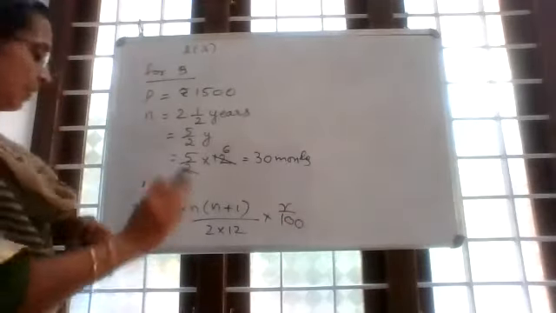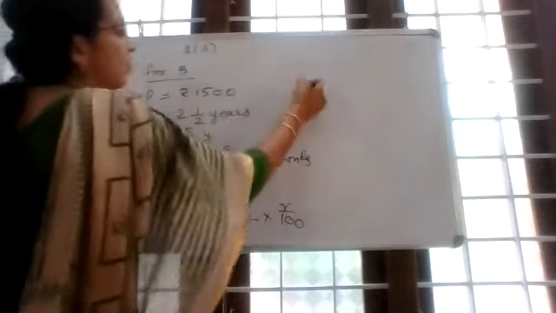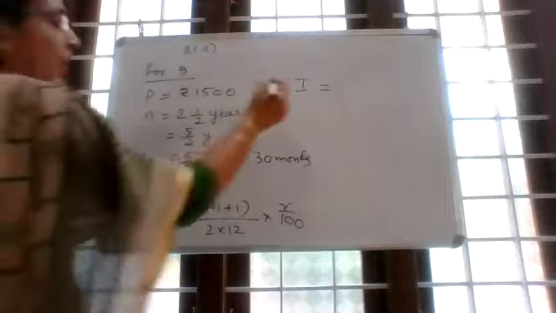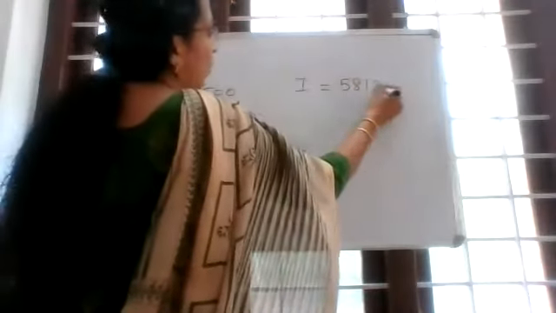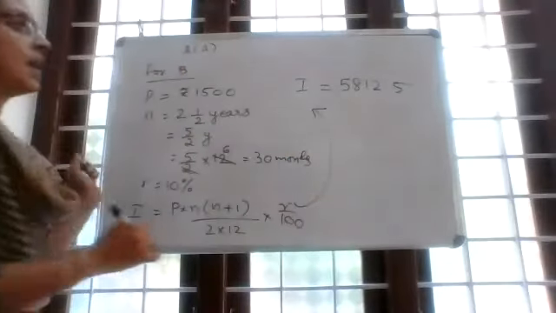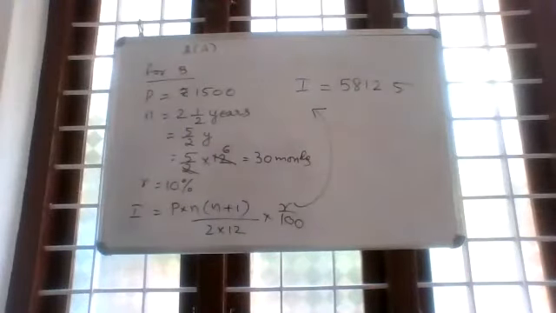Do your own calculation as homework. At last you will get I as 5812.5.